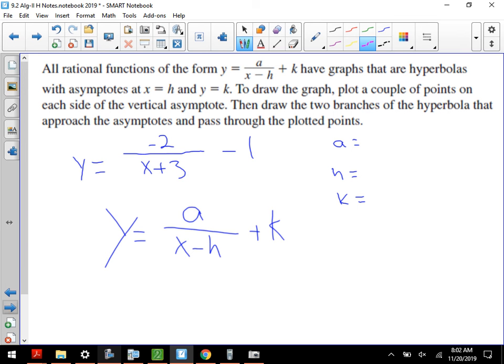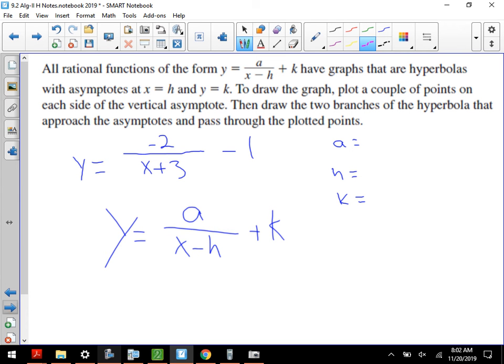So let me write this off the side so we can reference it. We get y equals a over x minus h, plus k, where your vertical asymptote is always going to be the 0 of the denominator. So that's going to be at x equals h. Your horizontal asymptote is always going to be at y equals k.